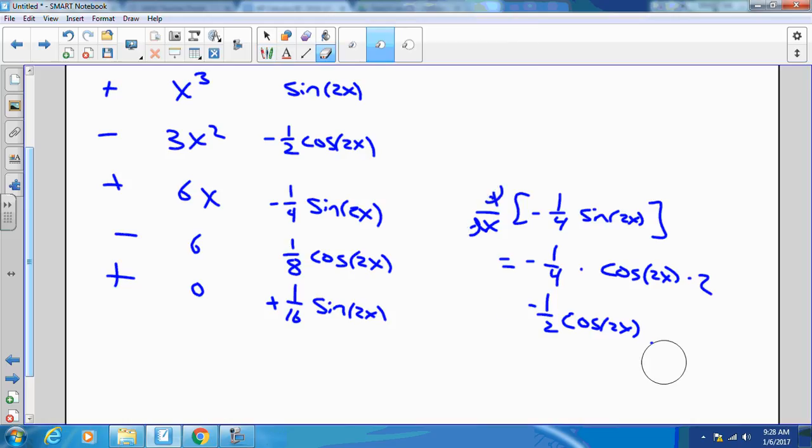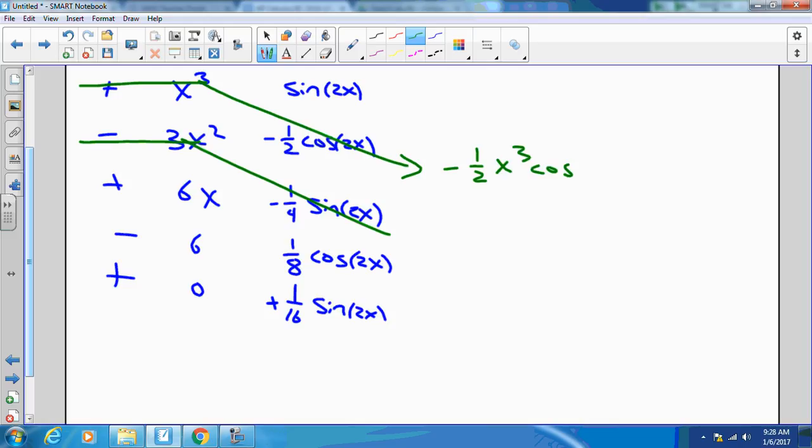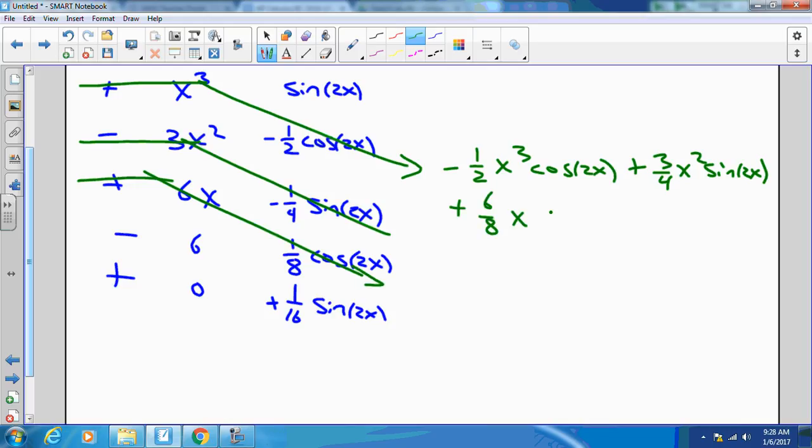Now we put it together as u times v. There's our first term, negative x cubed e to the power b, plus 3/4 x squared sine 2x, plus 6/8 x cosine 2x, minus 6/16 sine 2x.